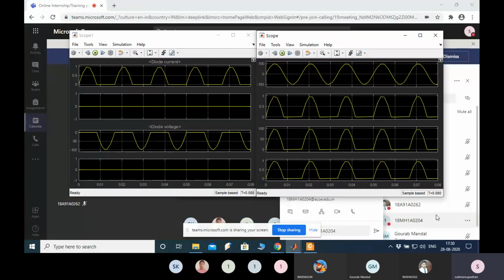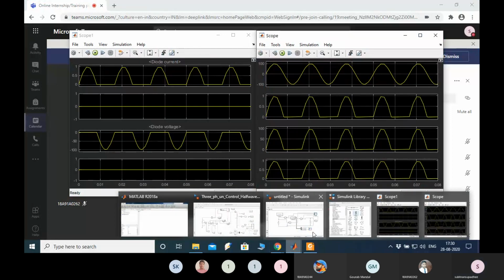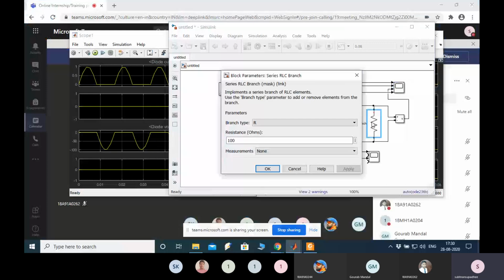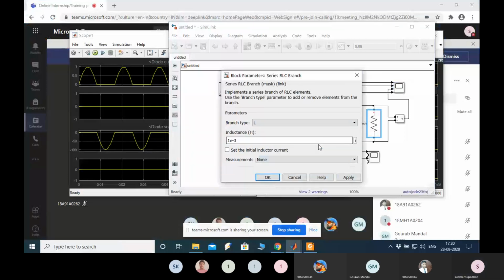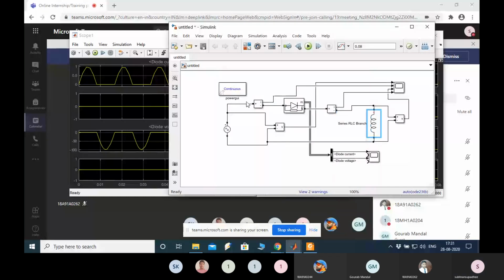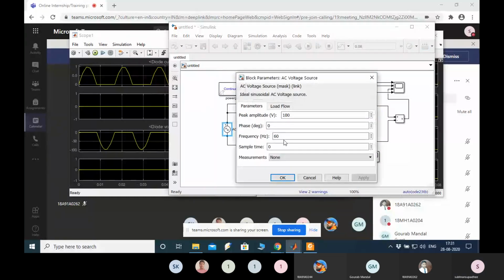But straight away I am showing an L load, how to do it. Just change it to an L, 15 millihenry.